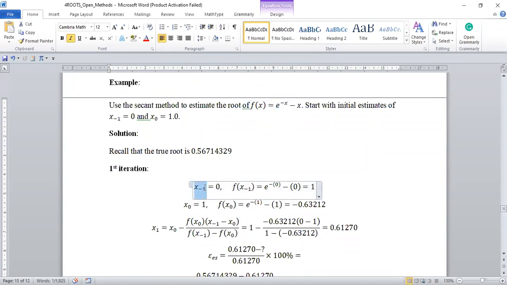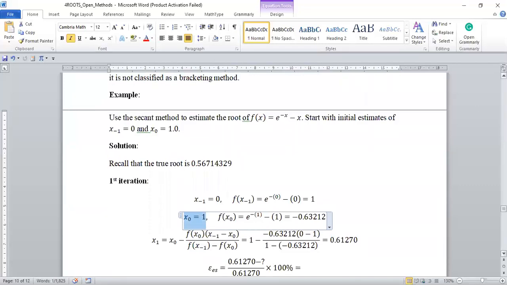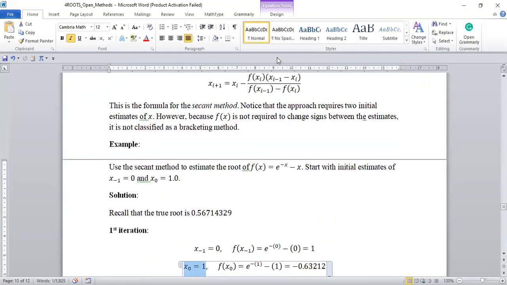So we are given this at x minus 1. We said that is equal to 0. Then x of 0 is equal to 1. Based on the secant method, you need to calculate this function and also this function. So the value of the function at x minus 1 is given by this.